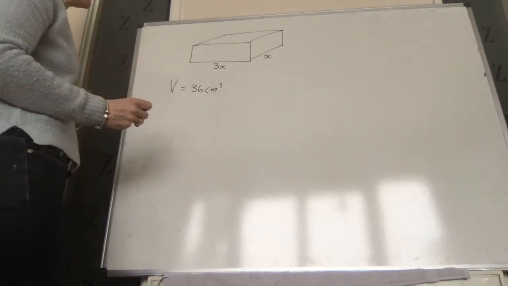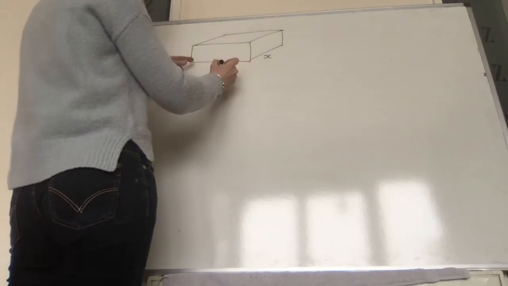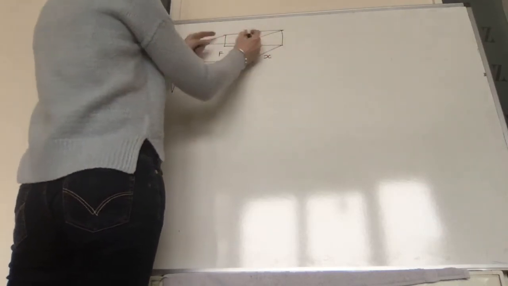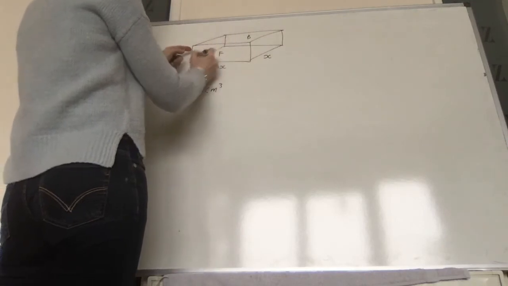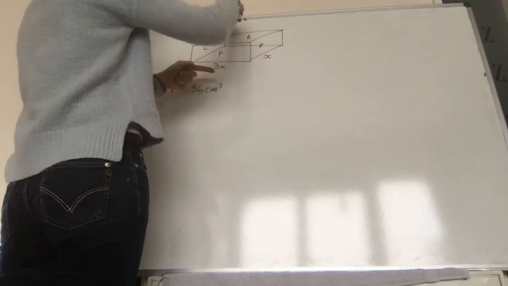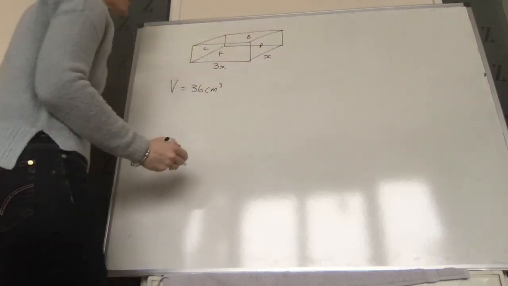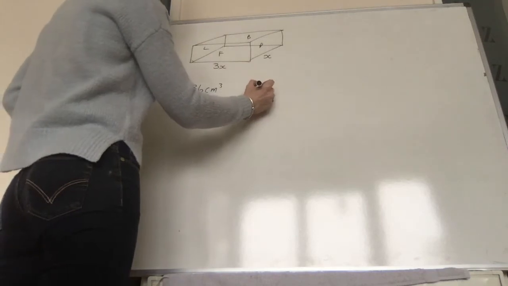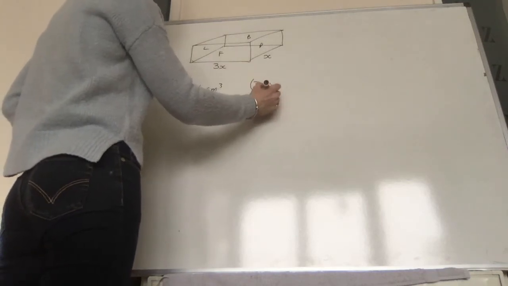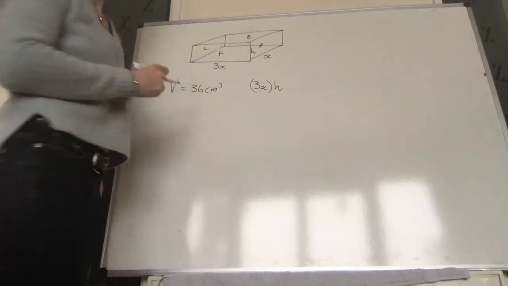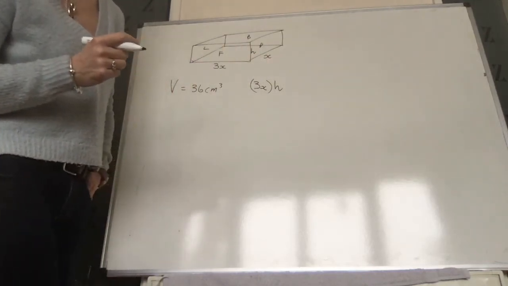So first of all, we want the surface area. So the surface area is going to be a front and a back, the surface area of those two, left and right, the surface area of those two, and top and bottom. Okay, so for the front and the back it is 3x by h. So here's h here. They didn't call it anything in particular here.